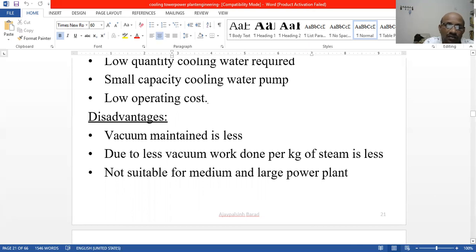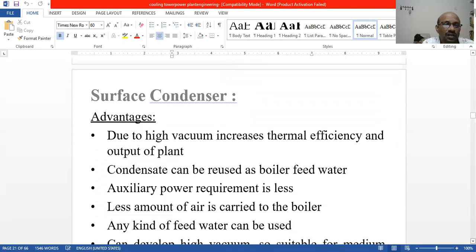Another one is the advantages of surface condensers. Due to the high vacuum, the thermal efficiency and output of the plant increase. The condensate can be reused as boiler feed water. Yes, we always have to use that condensate, otherwise there is a water scarcity problem.